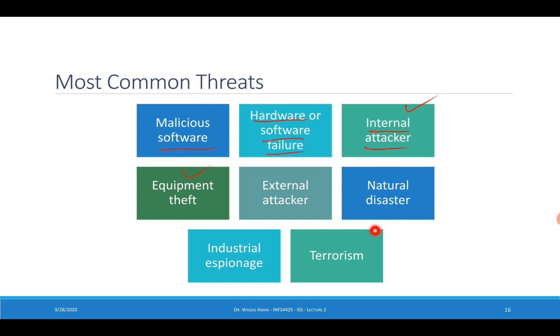Equipment theft happens all the time. In personal day-to-day life, there are mobile snatchers. People steal these things, right? Then we have external attackers, the external hackers out there. You have natural disasters, which are the most unpredictable, uncontrolled events out there.